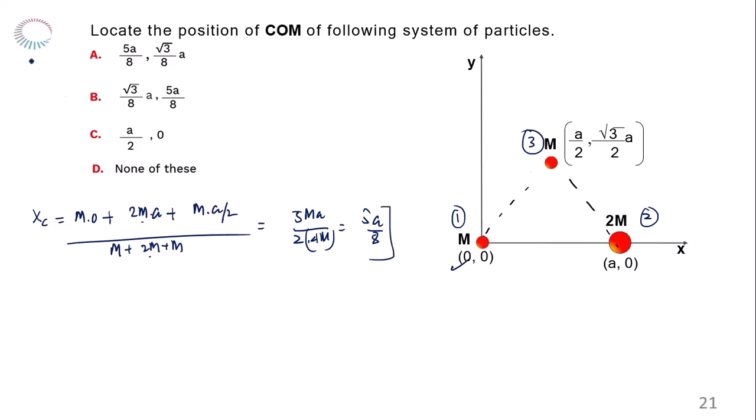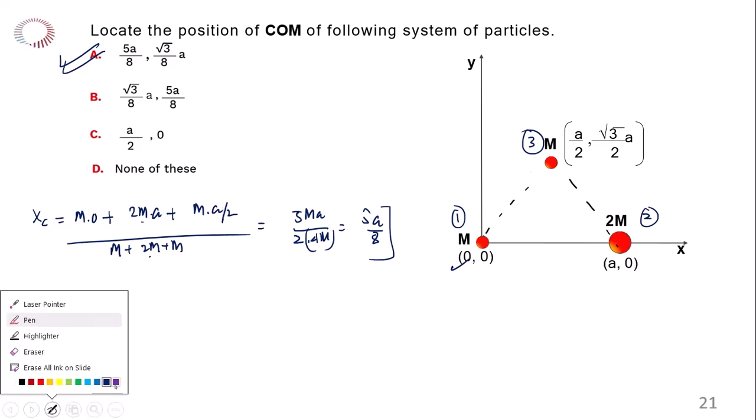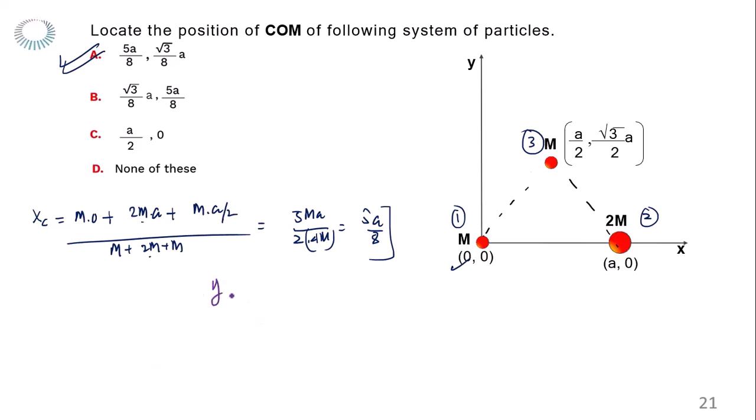So similarly the y coordinate should be option A. Okay. But again, you check whether you are getting the correct y coordinate or not. So for the y coordinate of the center of mass, again the first particle m, y is 0. Second particle 2m, y is 0. Third particle m, y is a root 3 by 2. Whole divided by m plus 2m plus m.